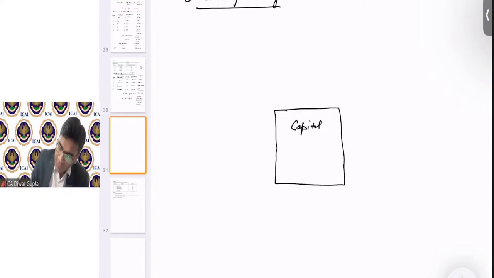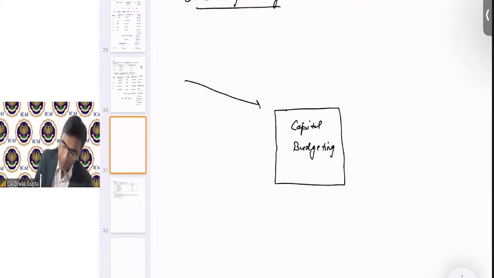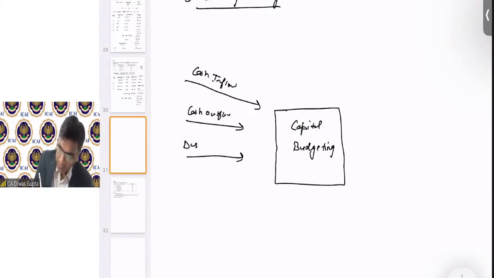Okay, let's first try to answer this question. Capital budgeting is a model of calculation. It's just like there are certain inputs. What are those inputs? Cash inflows. Then the next input would be cash outflows. Next input would be, let's say, discount rate.